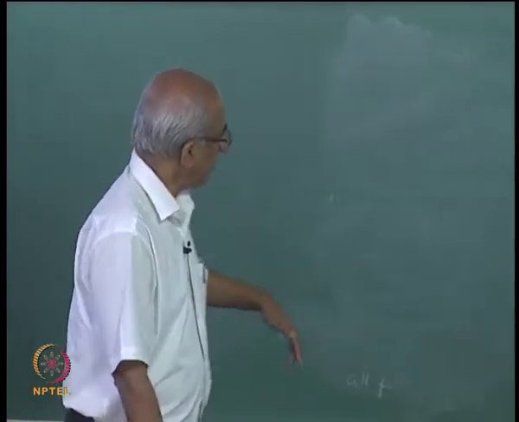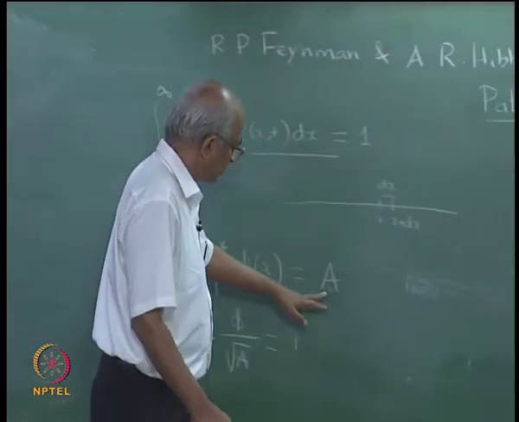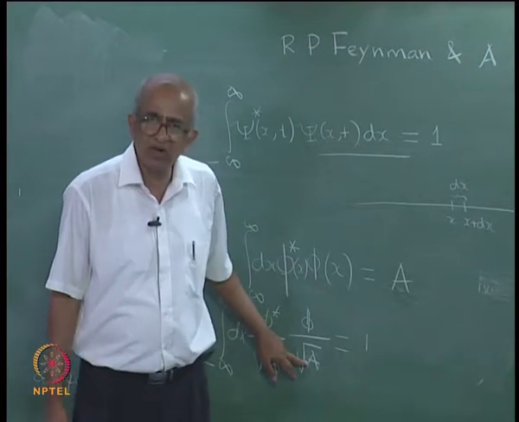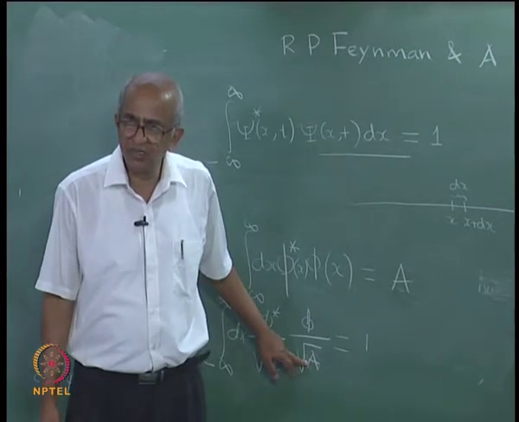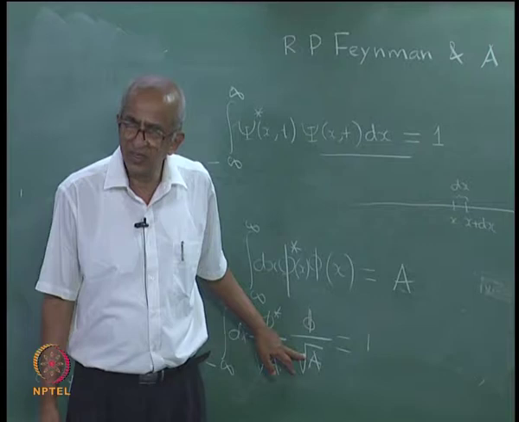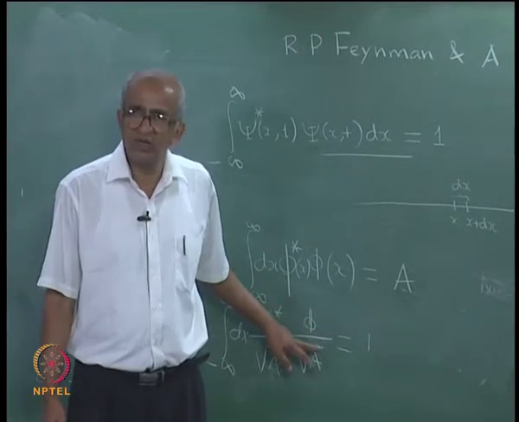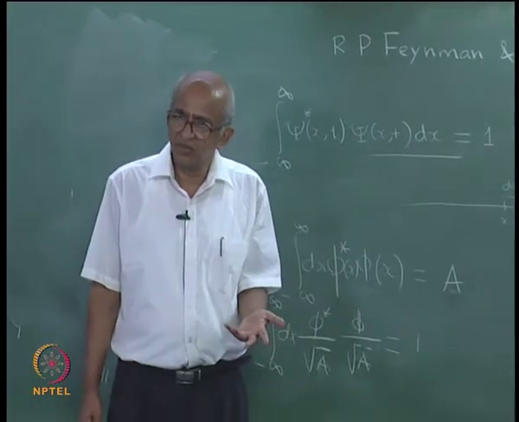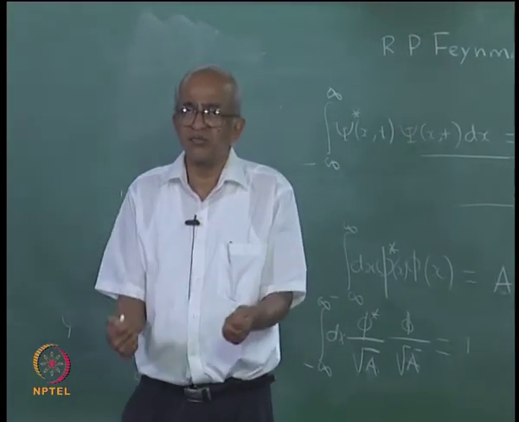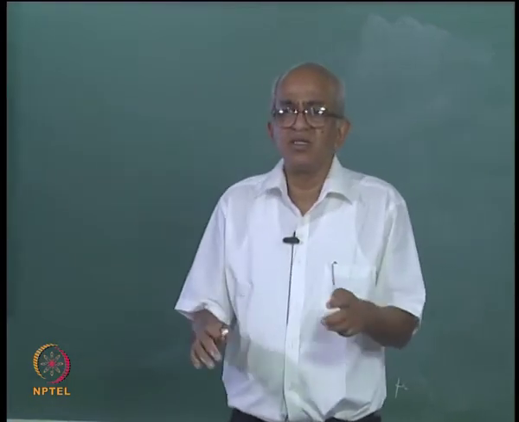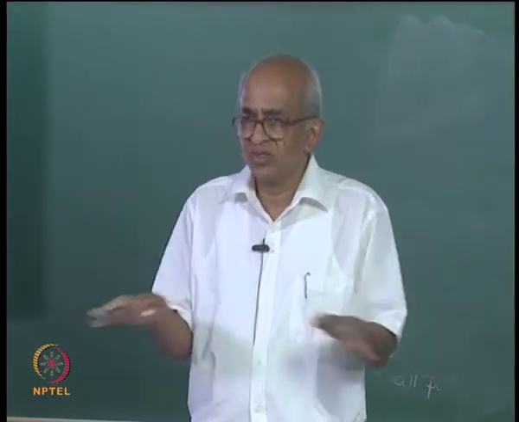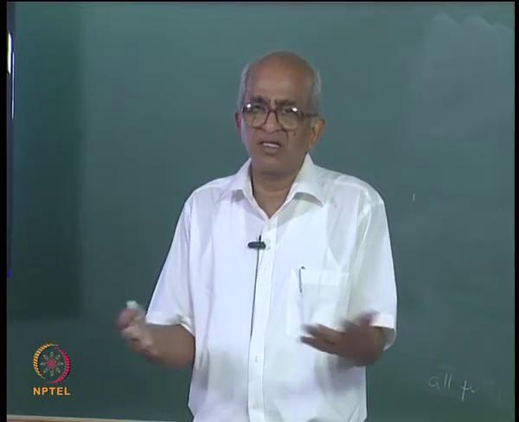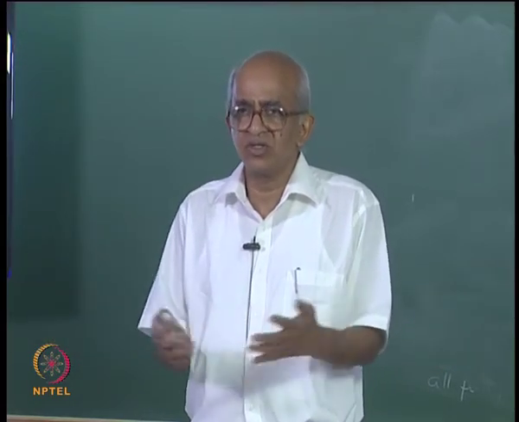So, if it so happens that a is infinity, then what will you do? You will take your phi multiplied by 1 by square root of a, but a itself is infinity. So, 1 by square root of a is going to be 0. So, your new normalized function is 0, which is totally meaningless, because you cannot say that I have a particle and its wave function is identically equal to 0.